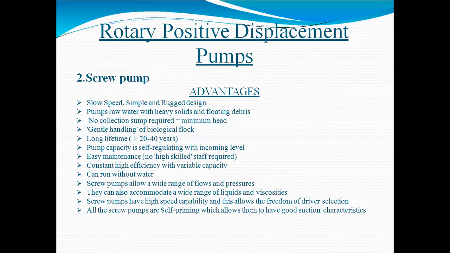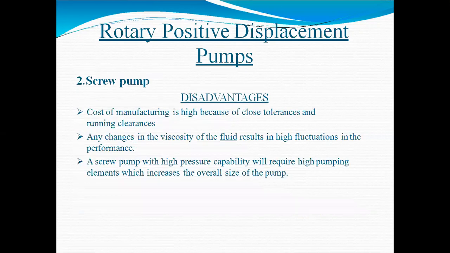Then what are the disadvantages of a screw pump? The cost of manufacturing is high because of close tolerances. So once your screw fails to make continuous contact with the other one, it can't flow the oil.